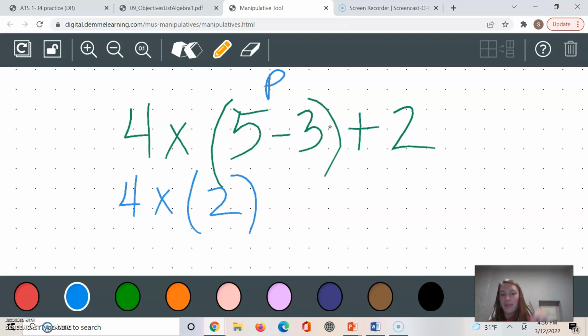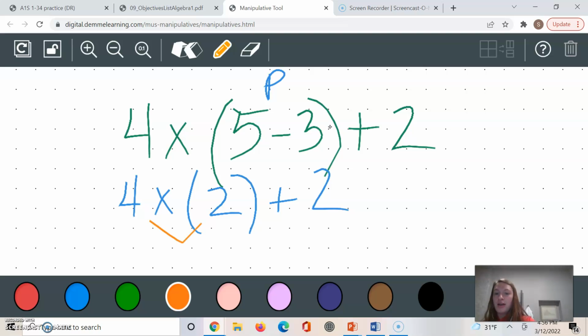Put that in our parentheses, plus 2. What's the next step? There's no E, but there is an M. So we would take the multiplying, which would be, in this case, the 4 times the 2. And what's 4 times 2? 8. So we do 8 plus 2.